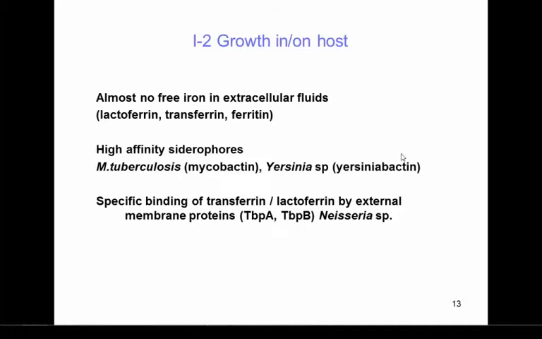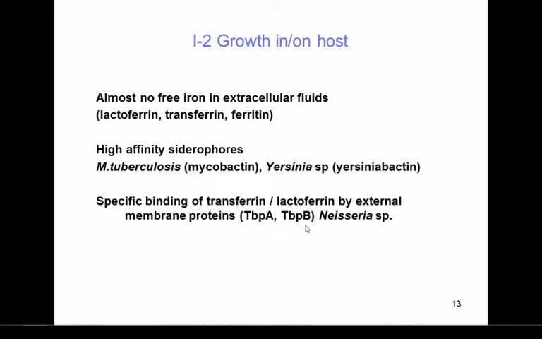Another way of thinking about this for the bacterium is to forget about the free iron. We've got tons of iron on these iron transport proteins. So if I just bind one of them and import it, then I can get the iron from the host easily. Pathogenic strains of Neisseria do this. They bind transferrin, lactoferrin, and then internalize that and steal the iron.